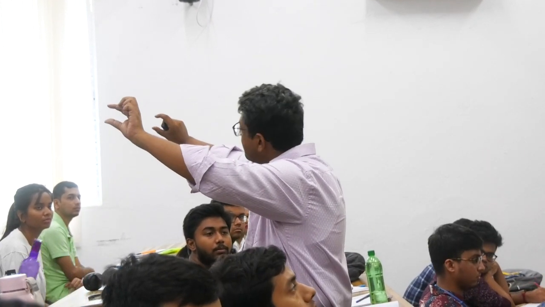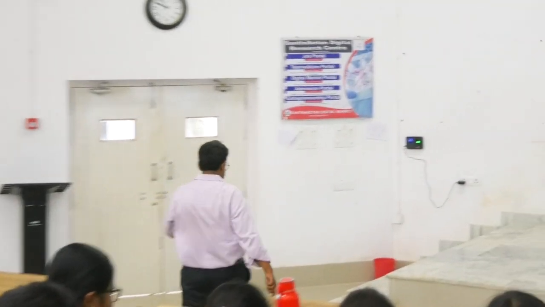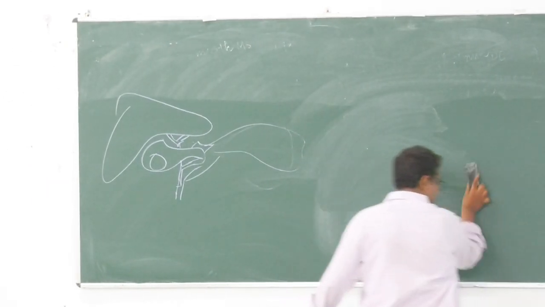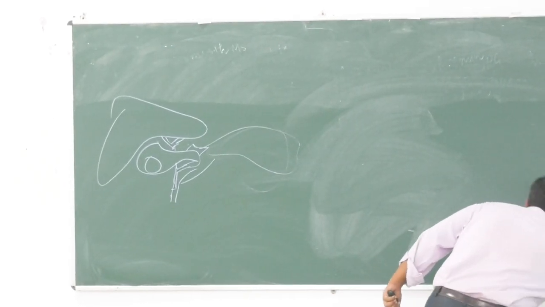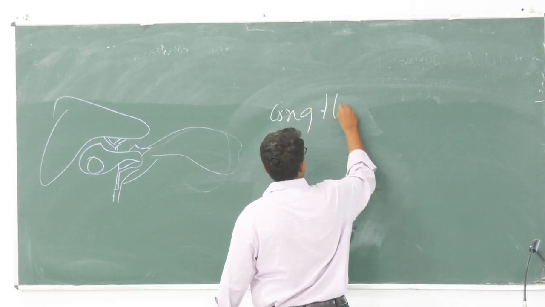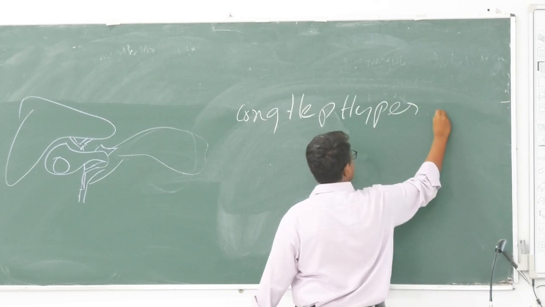Congenital hyperbilirubinemia. 2 classes.